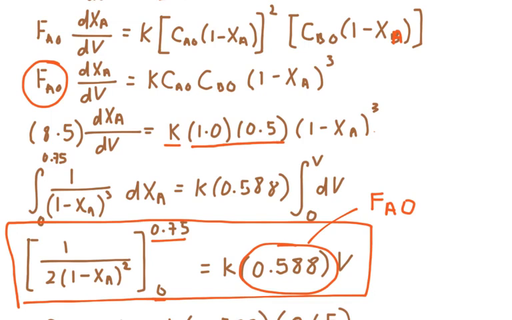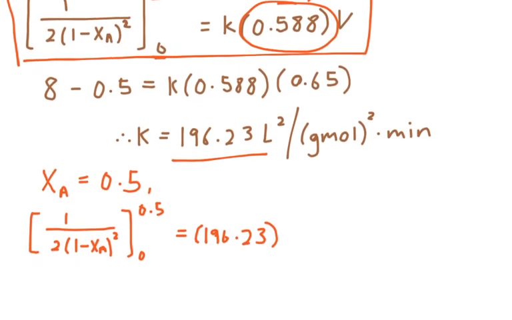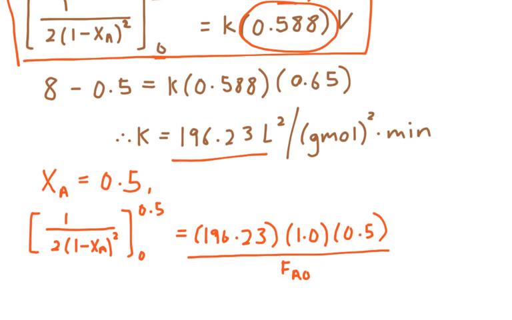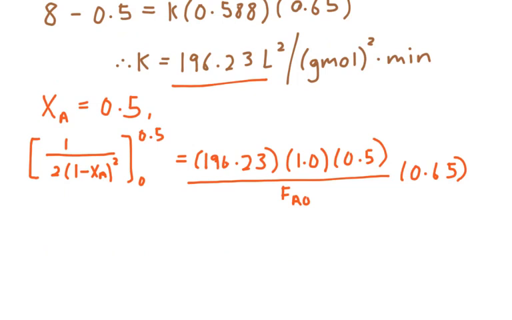So let's just put everything into the equation as it is. So you have 1.0, you have your 0.5, and then it is being divided by FA naught, and then of course your volume, which is given as 0.65.